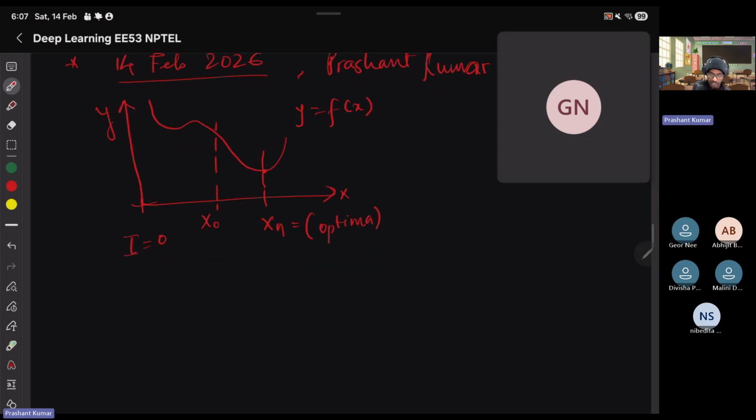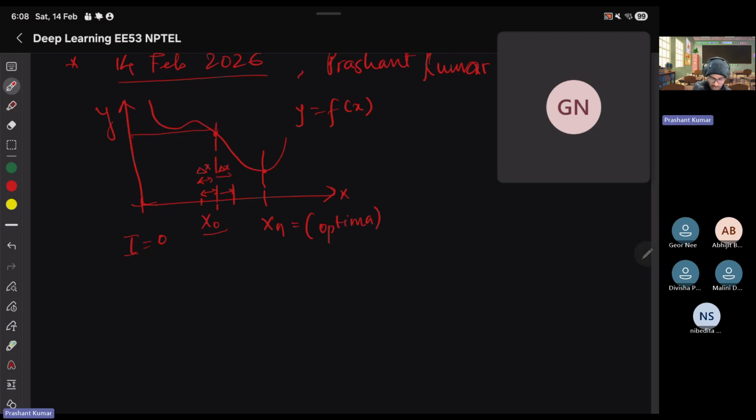So the idea is to reach the optima by multiple methods. It can be either the shooting method, or Newton's method, or the Hessian method as well, but that is a second order method. So you take the initial x naught as the initial guess, you find the y, and then you perturb x naught by plus minus delta x.